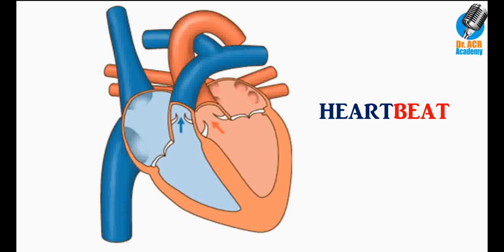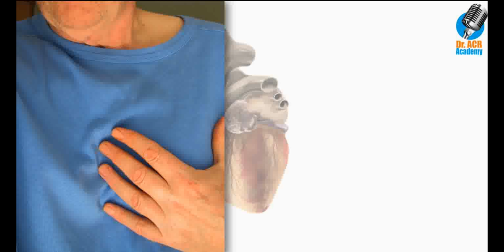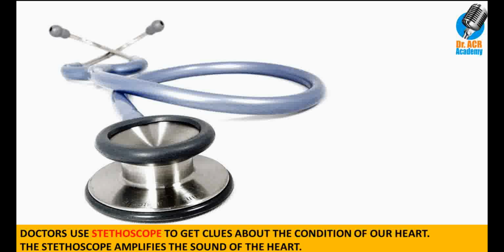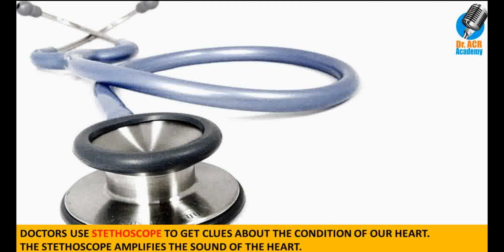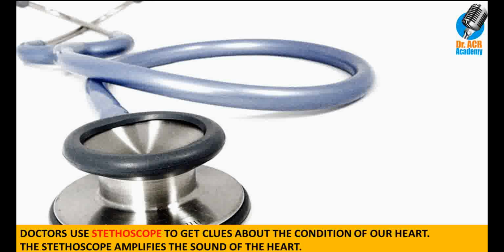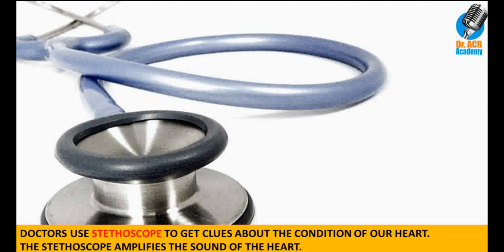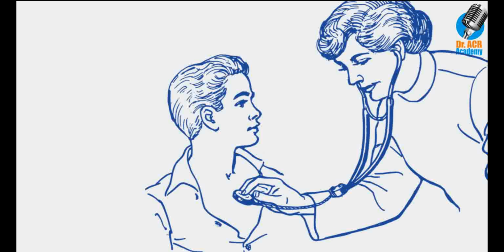The heartbeat can be observed by placing your hand on the left side of your chest. Using a medical device called a stethoscope, doctors observe the heartbeat and get evidence of our heart health conditions.